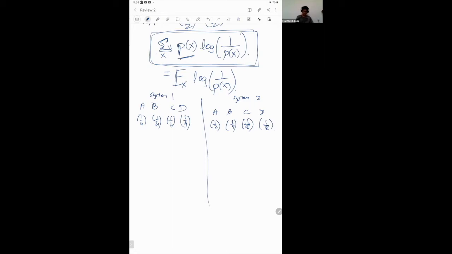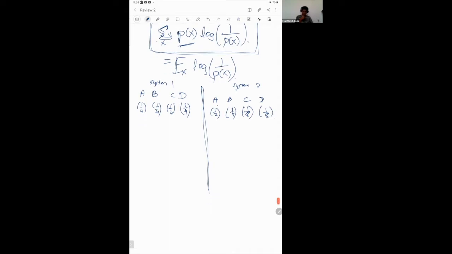Seeing A, here all of them are equally likely, and here this is how frequently I would see A, and this is how frequently I would see B, C, and D. Now, what you need to do is provide a best encoding scheme that can efficiently represent my data with the least amount of bits.